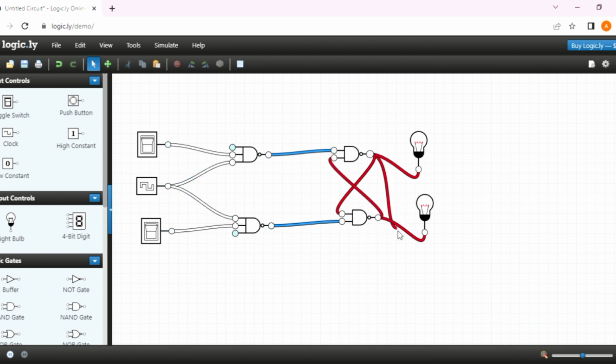The present state output is the input to the second NAND gate. So this is the circuit diagram of the JK flip-flop.